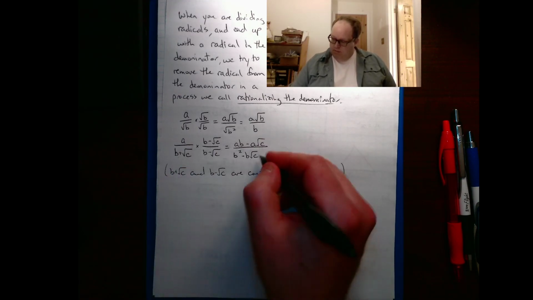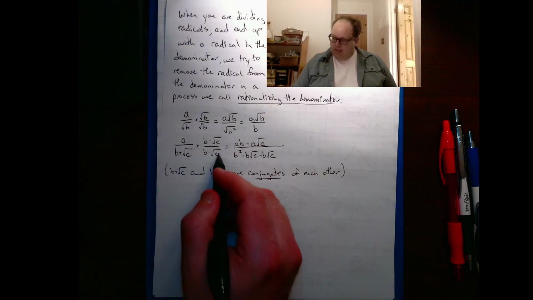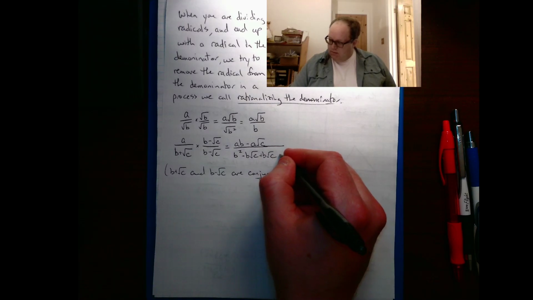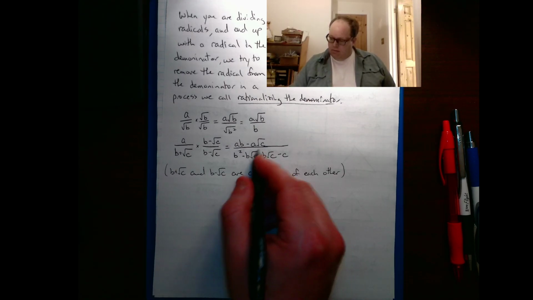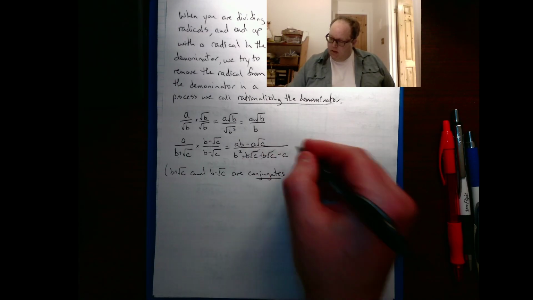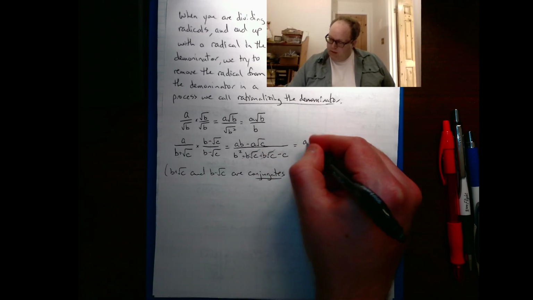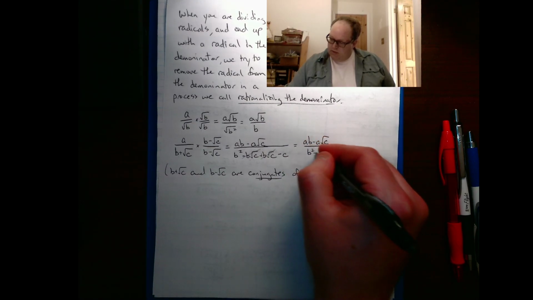Root c times b is positive b root c. And then root c times negative root c is simply negative c. You'll notice that our cross terms cancel each other out, and I end up with ab minus a root c over b squared minus c.